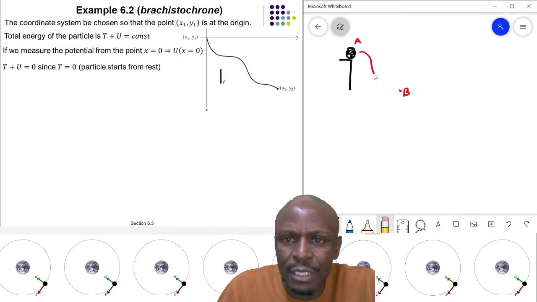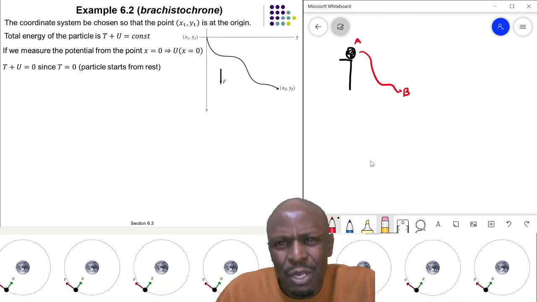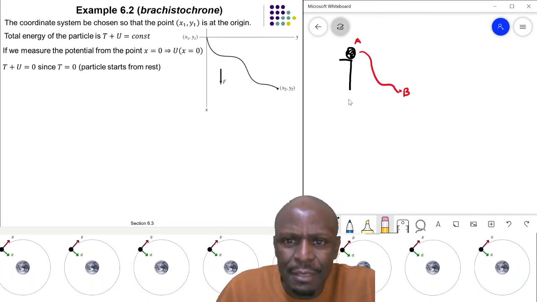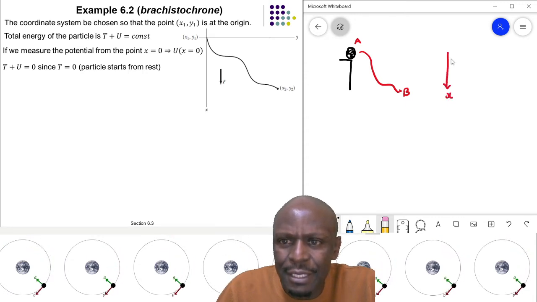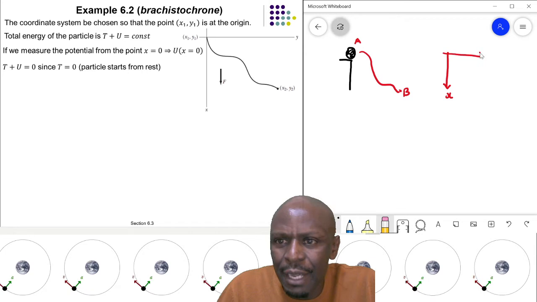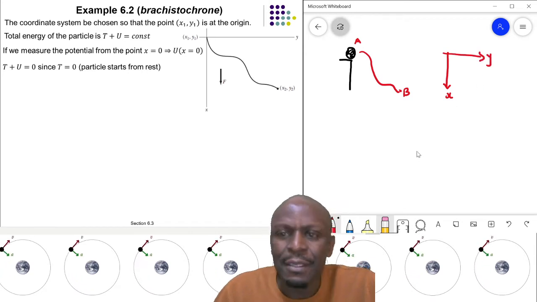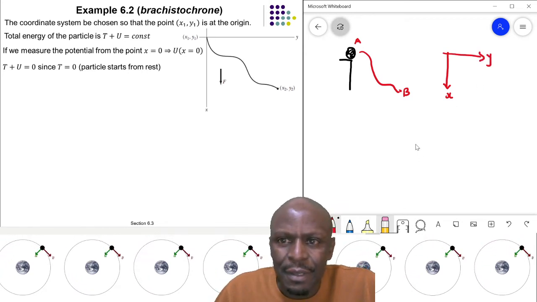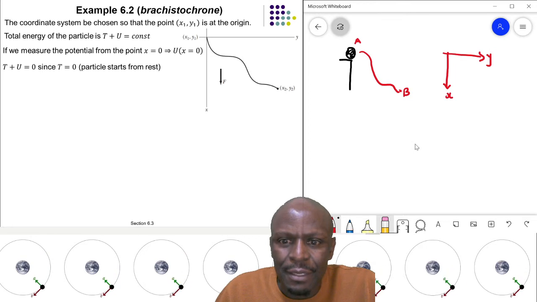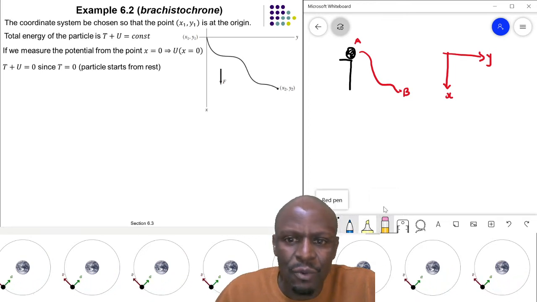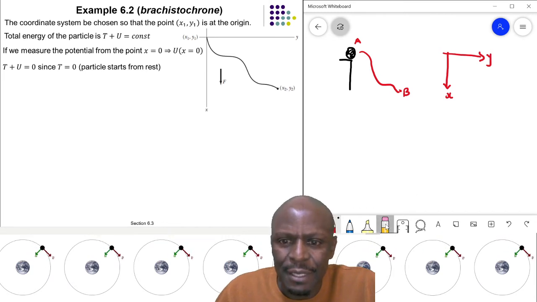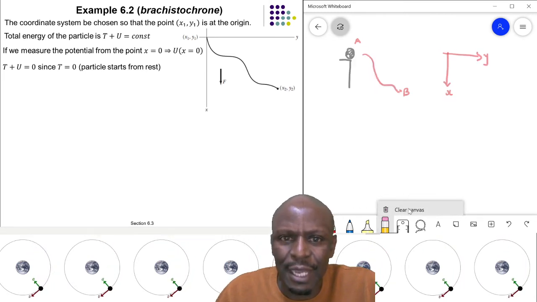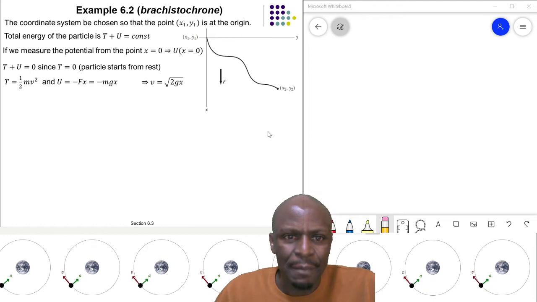The particle will be moving from that point A, and I am putting my x-axis here and my y-axis here.